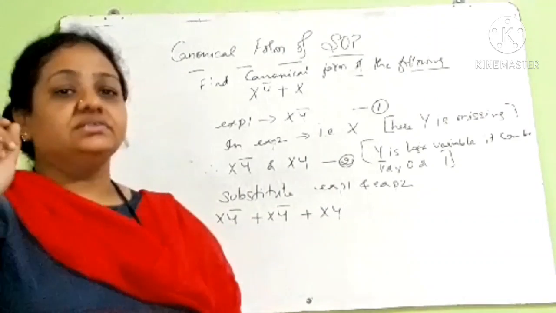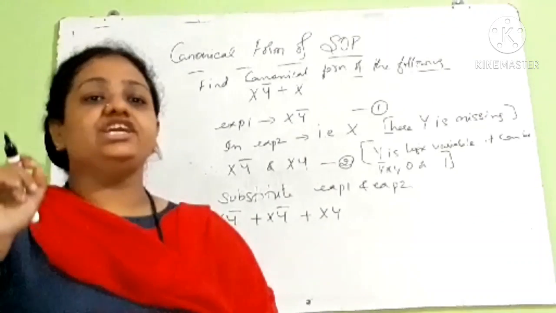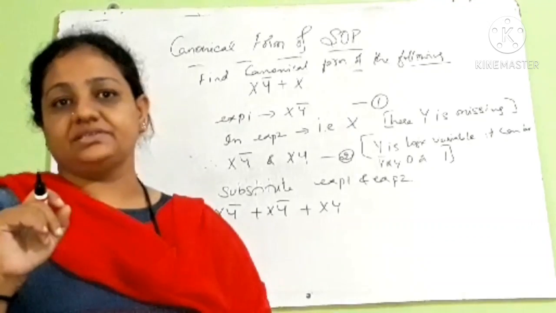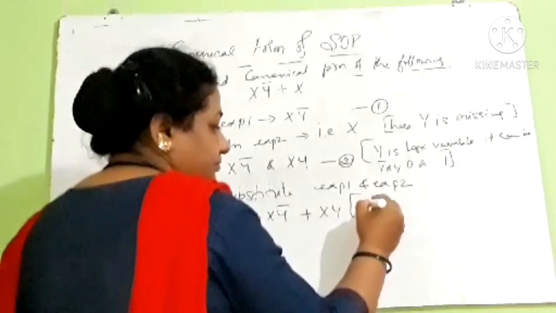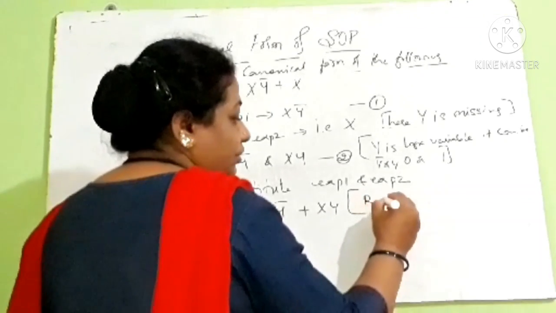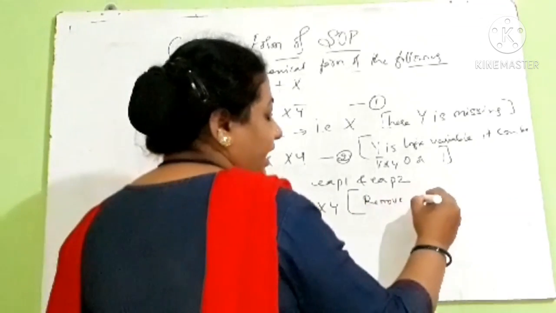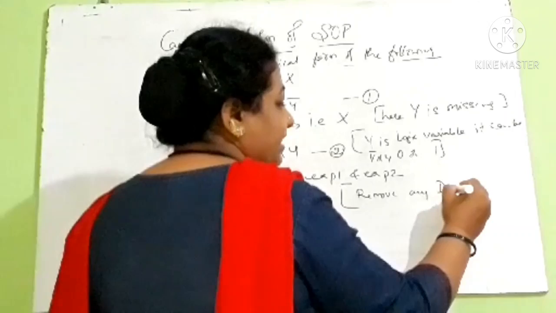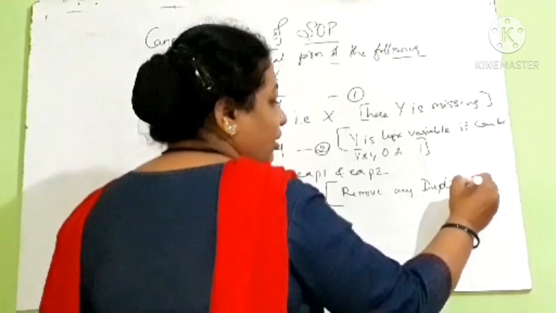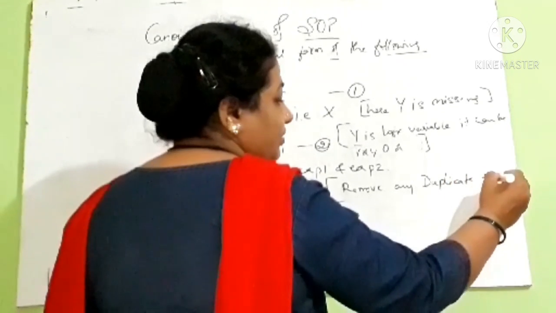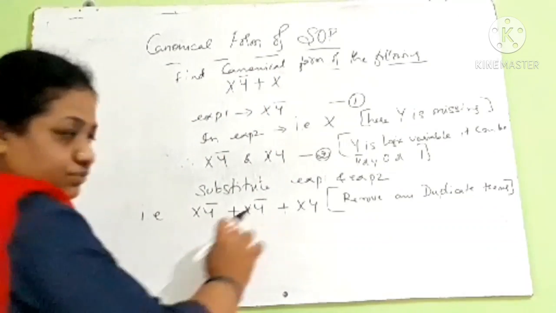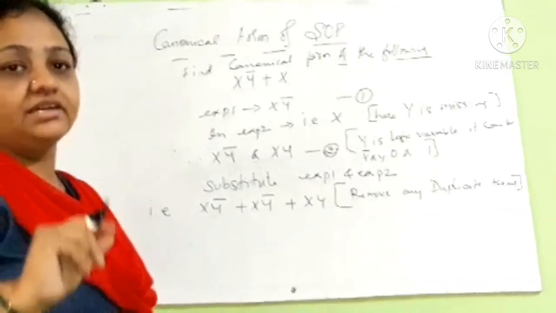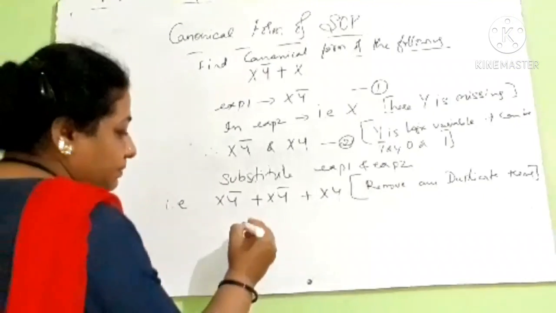Now check if there are any duplicate terms. If there are any duplicate or repeated terms, we need to remove them. As you can see, there is x y bar repeated, a duplicate term that has to be removed.